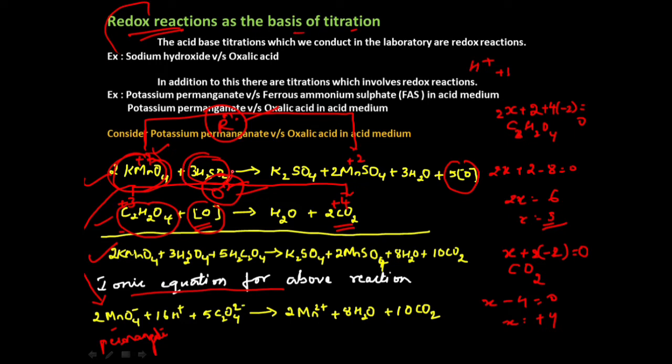Sulfuric acid, when we dissolve this in water or any solvent, we will get H plus ion, since it is acidic in nature, it will release H plus ion. This oxalic acid in solution state will break down and give oxalate ion. It will give oxalate. This is manganese, water and carbon dioxide. You can understand this. Okay.